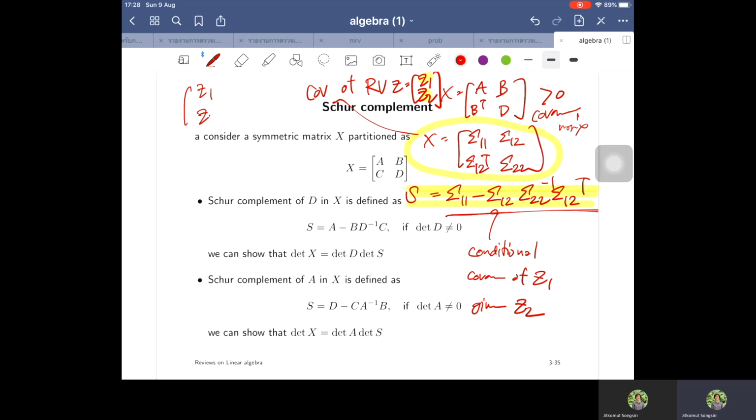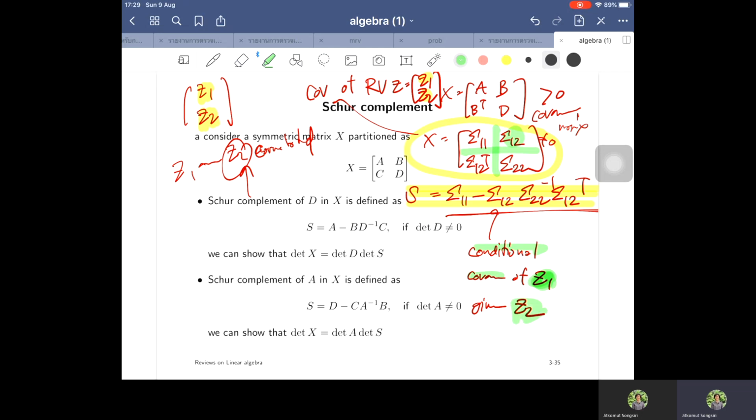Typically, if the two sets of variables have this covariance, and if sigma 1 2 is non-zero, it means that Z1 and Z2 are correlated. So you can explain part of Z1 by the fact that you know something about Z2. The conditional covariance matrix of Z1 is the covariance of Z1 given that the value of Z2 is fixed to a certain value.